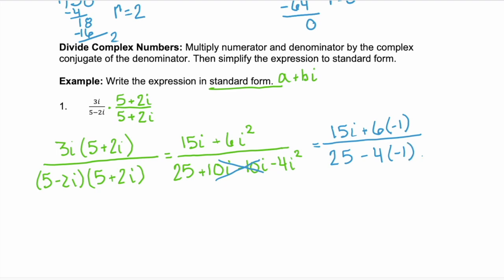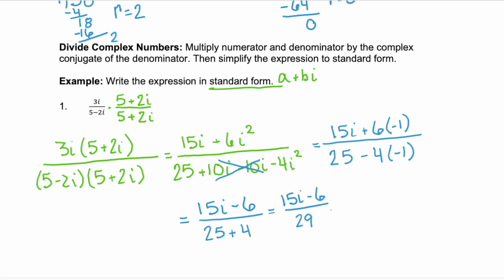So let's keep on simplifying. This becomes 15i minus 6 in the numerator, and the denominator would be 25 plus 4, or we have 15i minus 6 over 29.